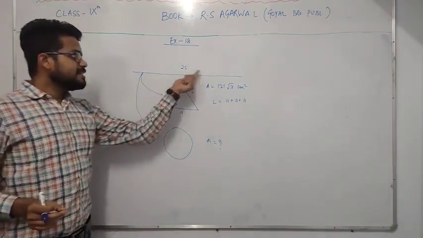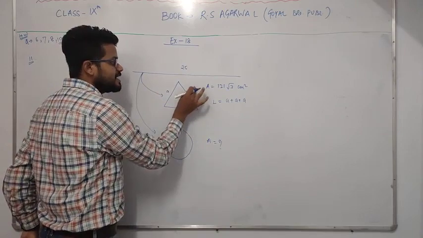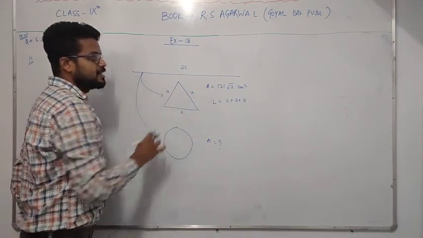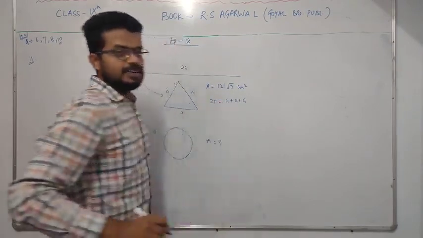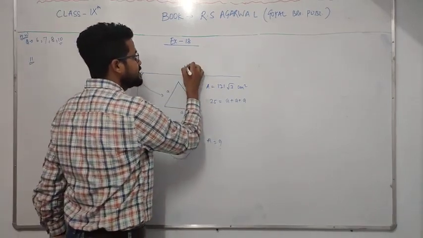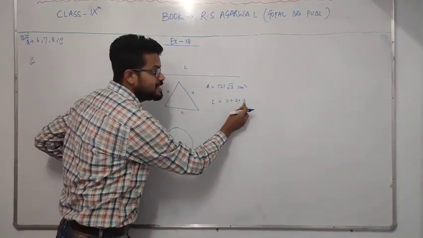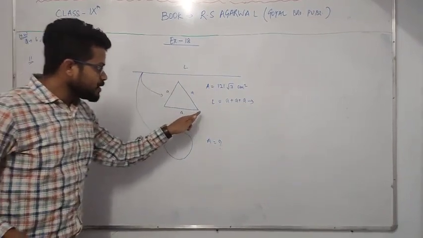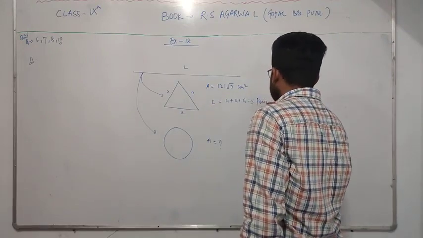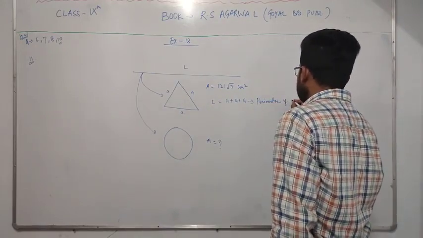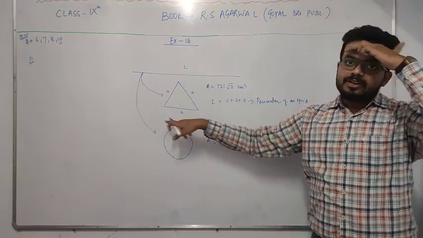The sides of an equilateral triangle are equal: this is A, this is A, this is A. So A plus A plus A is 25, which is L. This total length is also called the perimeter of an equilateral triangle.